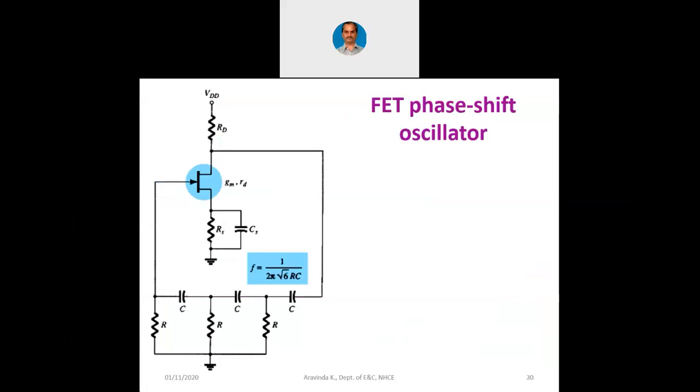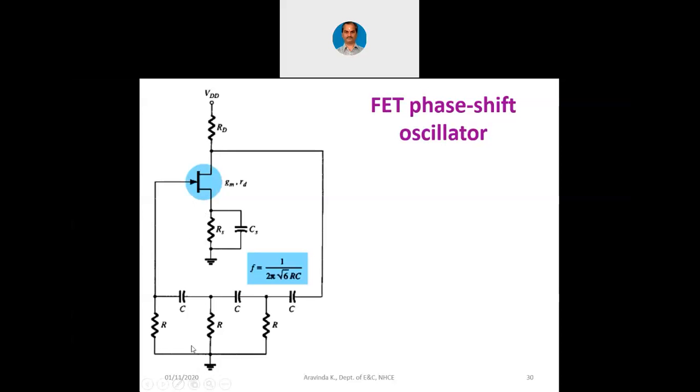Now within FET, how can we have phase shift oscillations? You can see that the FET circuit is almost same as the op-amp circuit itself, which means even FET is having a very high input impedance as there is no gate current.